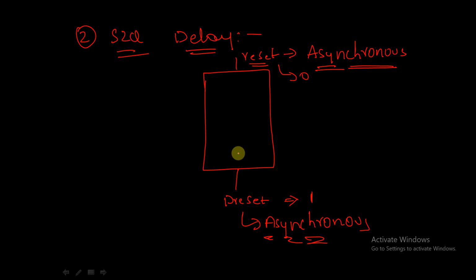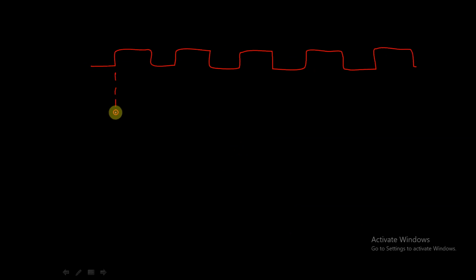It is the time taken by the flip-flop to come to the set state after the application of the asynchronous preset input. Let us say this is our clock. Again, we will consider this clock. I'm considering a positive edge flip-flop, so these are my positive edges.